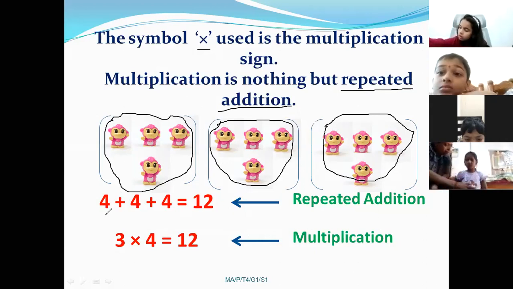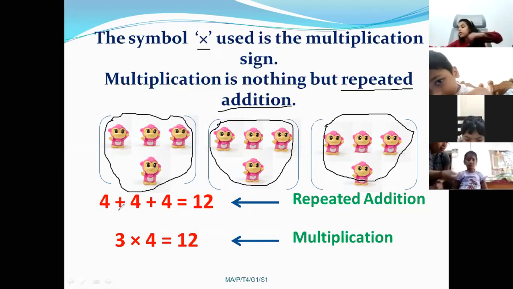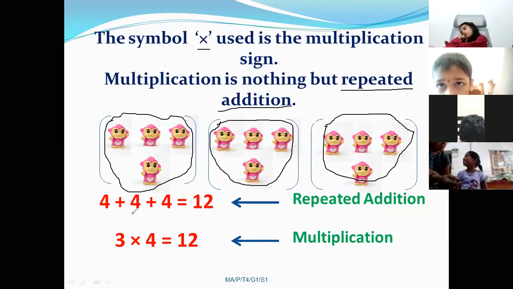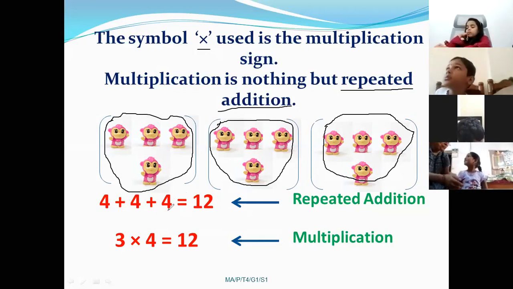In one group, 4 toys are there, so we will write 4. We will put a plus sign. In the second group, again 4 toys, so we write 4 again and put a plus sign. In the third group, again 4 toys, so we write 4 again. So this is 4 plus 4 plus 4 is equal to how much?